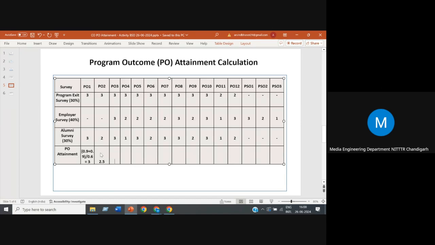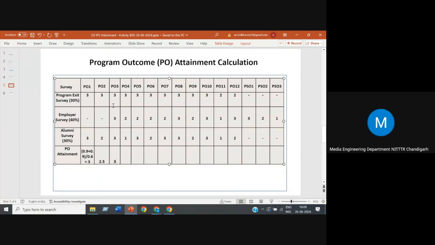Okay. What will be the answer in the next block? So now division will be by 1. 3, sir. Answer is 3. Yes.